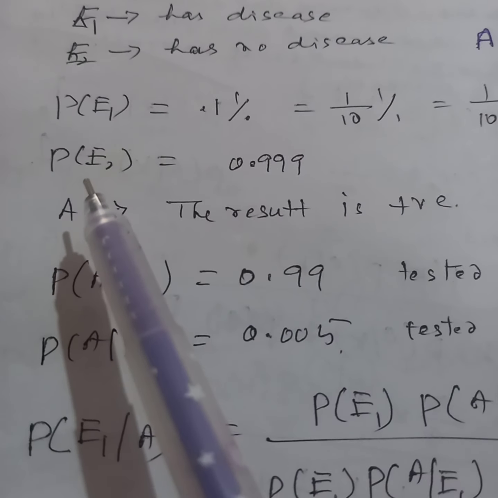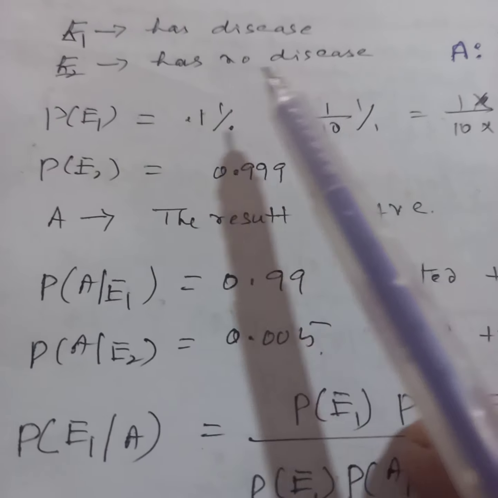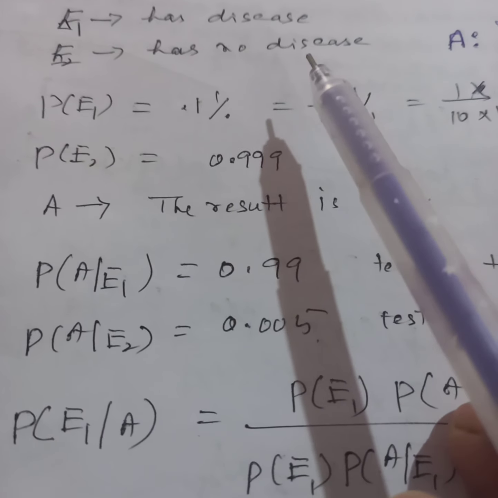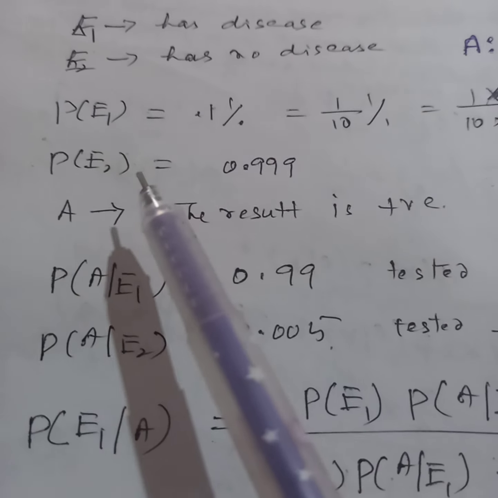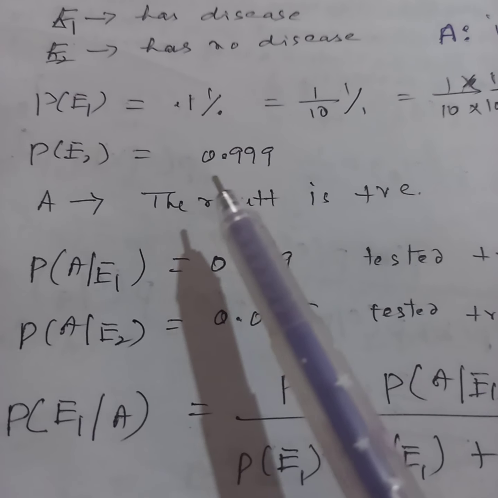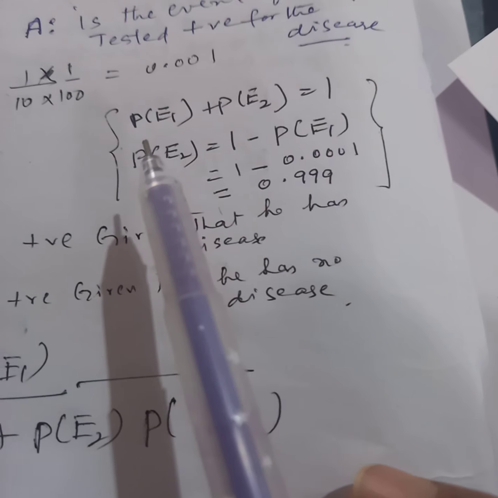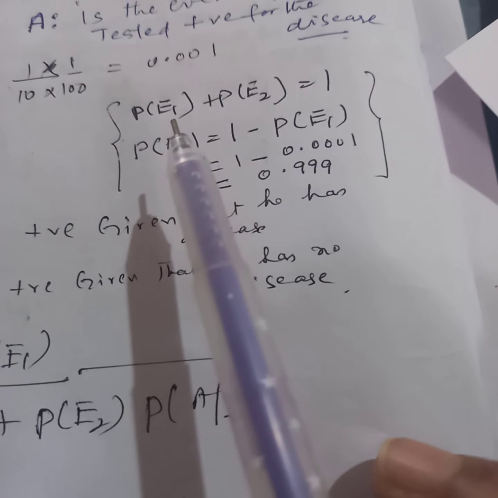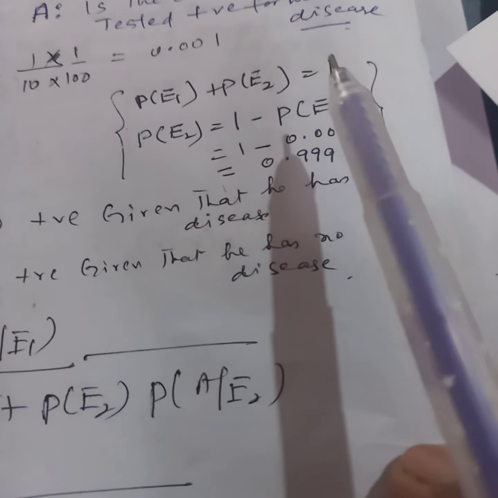Now, P(E2), that is, has no disease. The probability of a person not having the disease at all, that is P(E2). Now, how did we find P(E2) is 0.999? Look here. We have a formula here. The probability that a person has disease plus the probability that a person does not have disease is equal to 1.